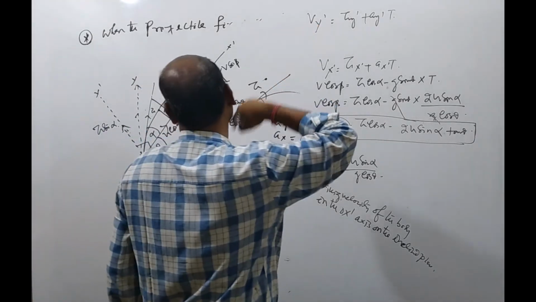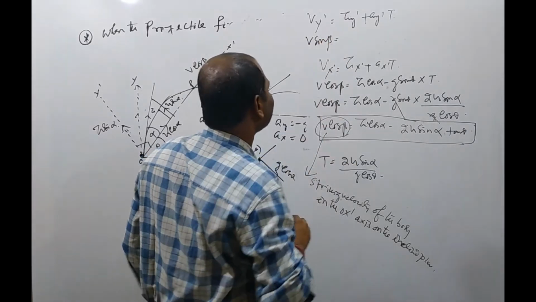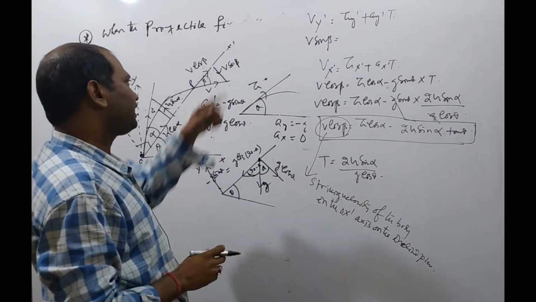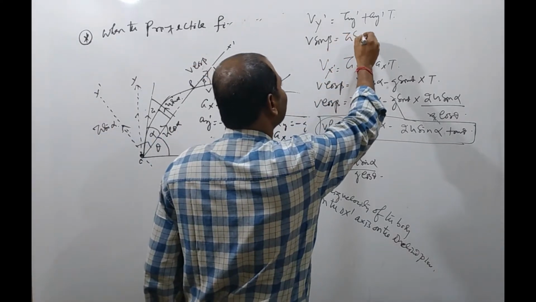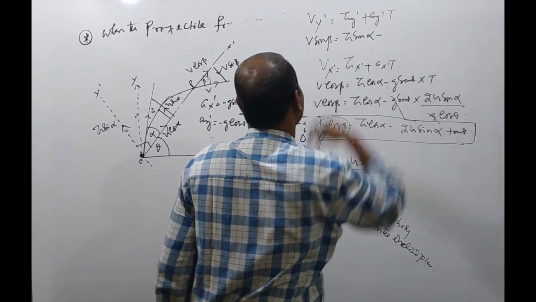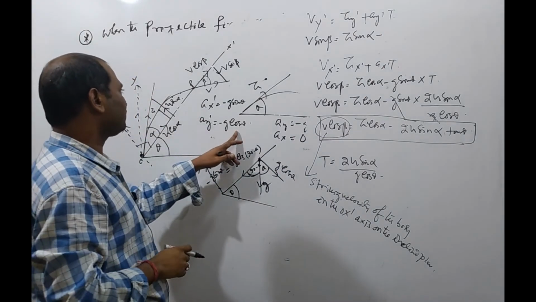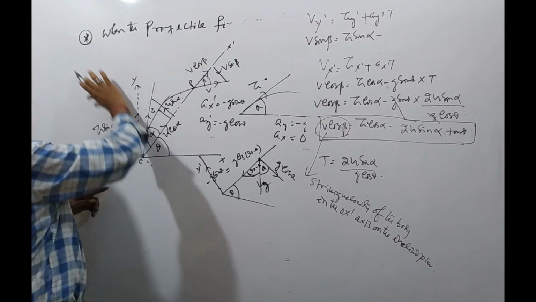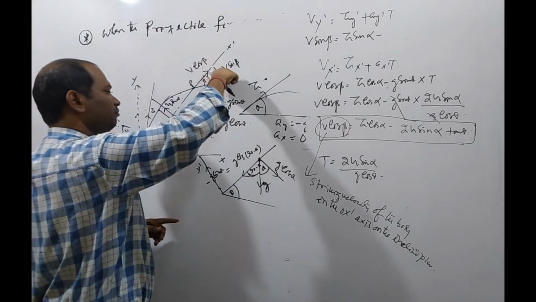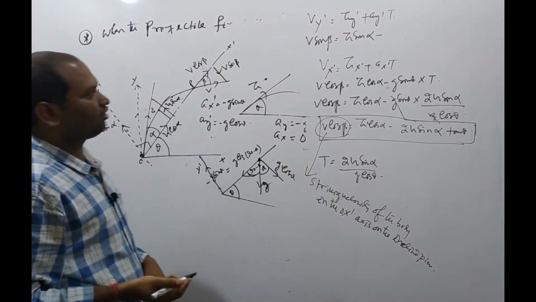Okay, so vy dash will be what? V sin beta is equal to uy dash, that is u sin alpha, minus ay dash. I have already given minus g cos theta, because this direction is oy dash, but g cos theta acts opposite to oy dash, so this is minus.